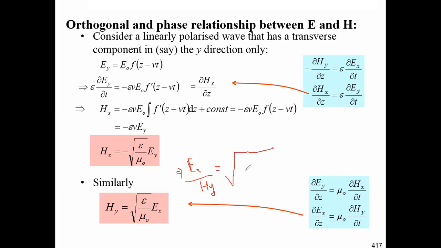Yes, always remember the mu naught upon epsilon naught. See Ex upon Hy. Many times I am saying that if it is X, this will be Y, and they may propagate in Z direction. This ratio is under root of mu naught upon epsilon naught. If you put here the value 4 pi into 10 to the power minus 7, what is the value of epsilon naught?